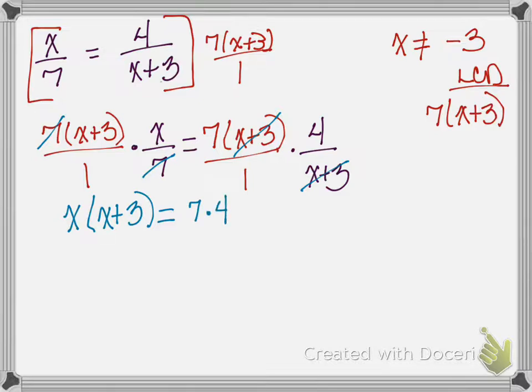Now, I know what to do here, but we're moving into having quadratics that we have to solve. We know how to solve quadratics, so that's okay. X times X is X squared. X times 3 is 3X. And 7 times 4 is 28. Now, I am solving a quadratic.